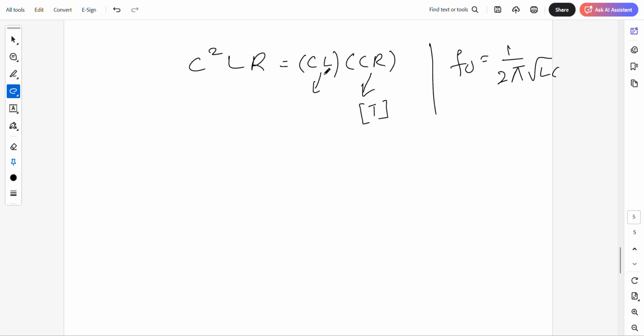Now what are the dimensions of CL? Here F naught is equal to 1 by 2 pi root of LC, or LC I can write as 1 by 4 pi F square. Now what is frequency? 1 by time. Again, time square you will get. Correct, no? Time square. Understood?